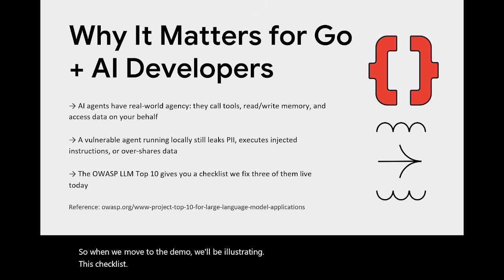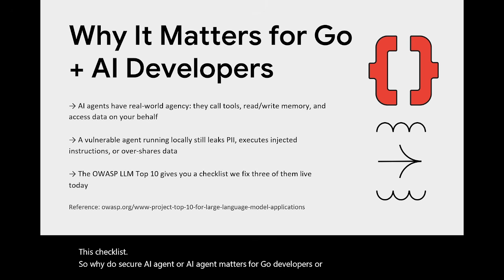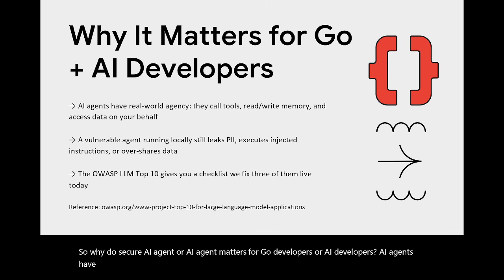So why do secure AI agents matter for Go developers or AI developers? AI agents have real-world agency, which allows us to do tool calling. We could read and write memory and access data, and this AI agent can access data on our behalf as well.